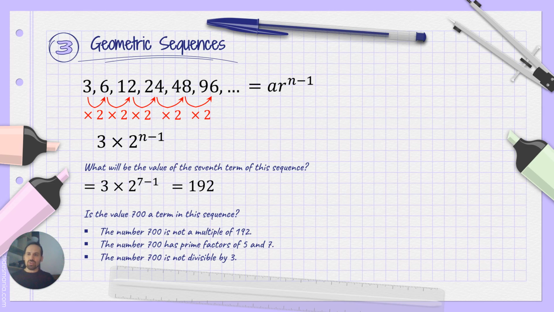So 700: 7 plus 0 plus 0 is 7. 7 is not divisible by 3, and so 700 is not divisible by 3. But we know all the terms in this sequence must be divisible by 3 because they're all going to have that factor. So that's another way we could disprove it. So many ways we could disprove it there.